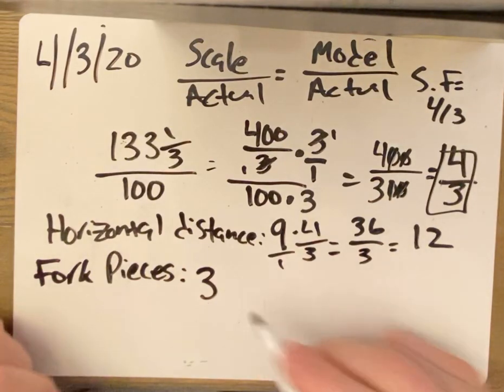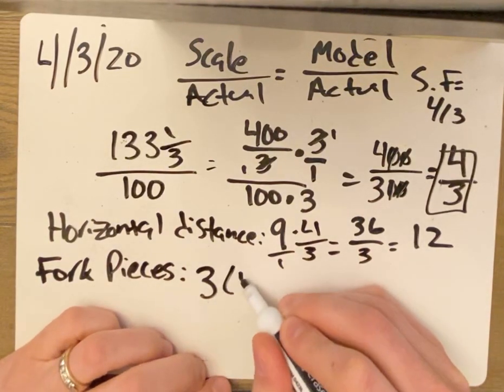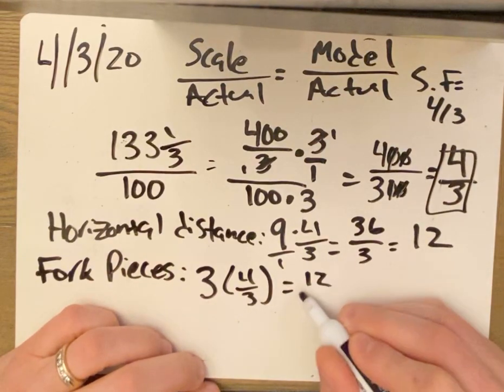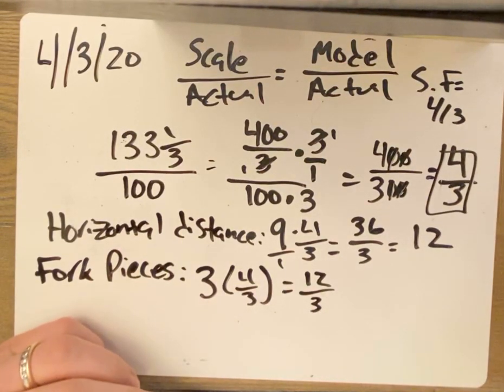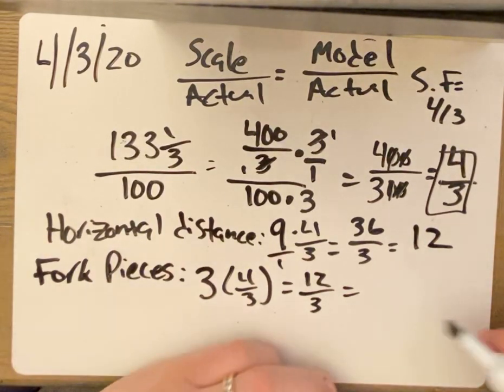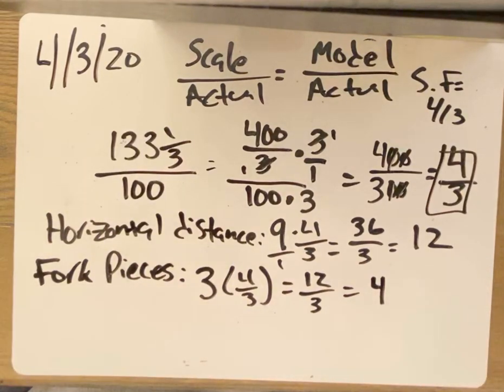So again, I just multiply that by our scale factor, 4 over 3, right? So now I got 12 over 3, which is really 12 divided by 3. So each one of my fork pieces are going to be 4. So when you're making your picture, make sure that you make 4 fork pieces, okay?